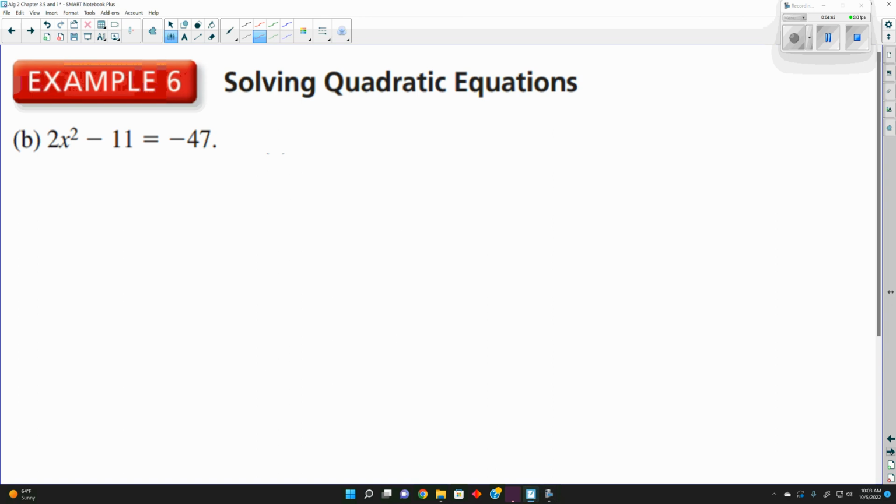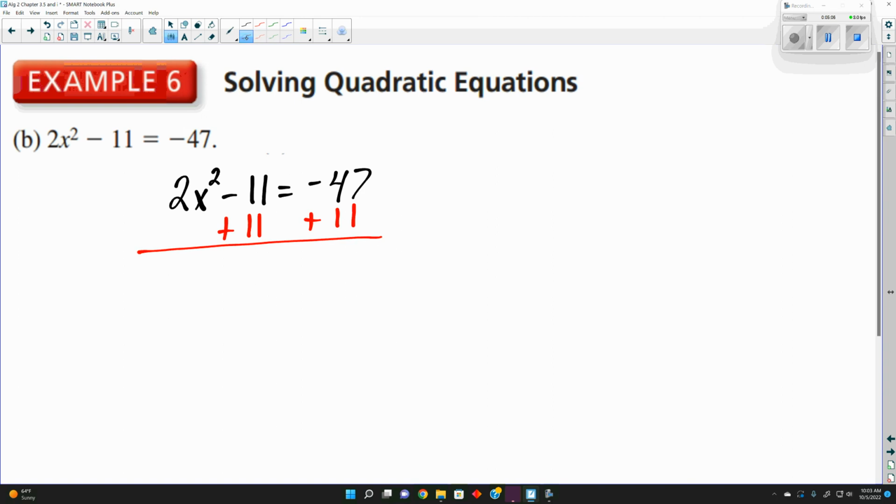Let's look at this next one here. So 2x squared minus 11 equals negative 47. Now we can still use the square root method because we don't have a middle term. So we can add 11 first. If we add 11 to both sides, we'll get that 2x squared is equal to negative 36.